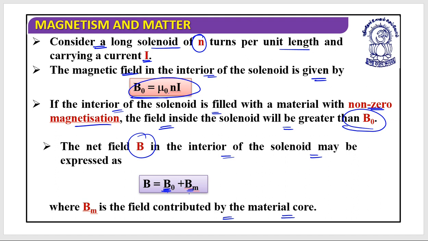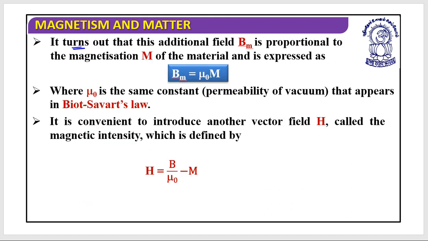Now, it turns out that this additional magnetic field Bm is proportional to the magnetization M of the material, and that can be represented as Bm equals mu naught times M, where mu naught is the permeability of vacuum, having a value of 4 pi into 10 to the power minus 7.